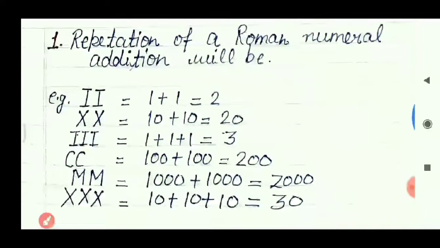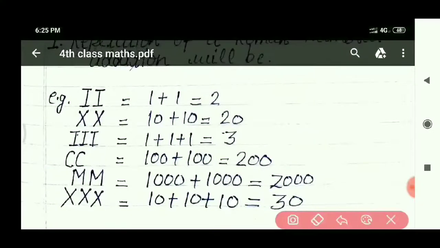As you can see here, here's the example. I I is equal to 1 plus 1 is 2. X X is equal to 10 plus 10, which is 20. I 3 times, then add 1 plus 1 plus 1 is equal to 3. Then C C is 100 plus 100, which is 200.